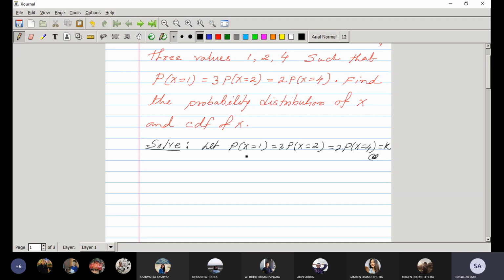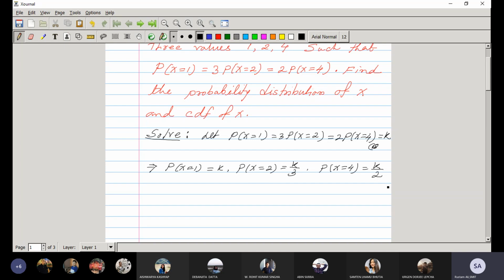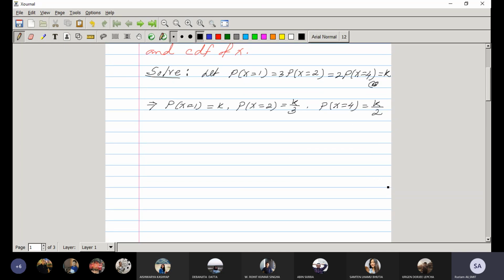So we are assuming all the probabilities are equal to k. From here we get probability X equal to 1 is k, probability X equal to 2 will be k by 3, and probability X equal to 4 will be k by 2. Now we need to find the value of the constant k.